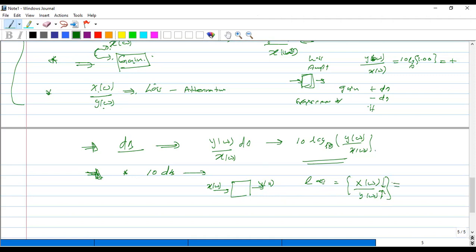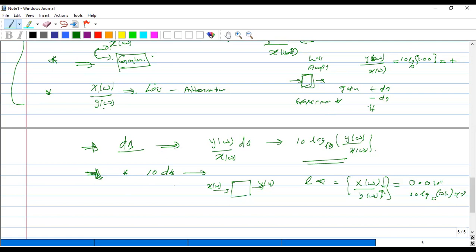So for a loss, you will get a value less than 1, a decimal value, 0 point something. If you take 10 log 10 of a decimal value less than 1, you will get a minus value. For an amplifier, loss is a minus value.